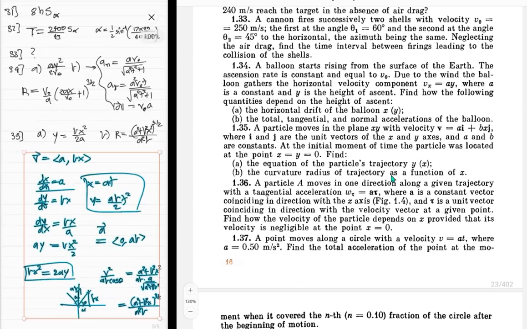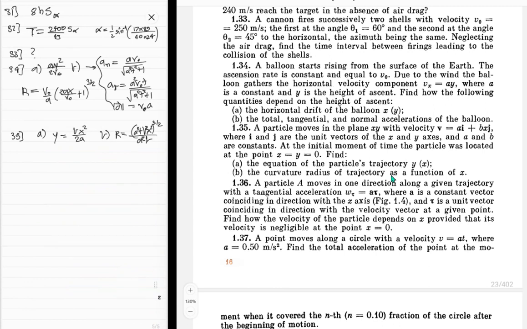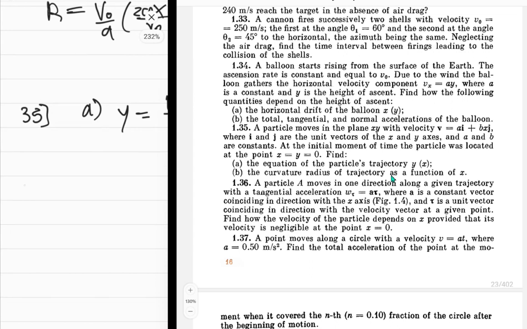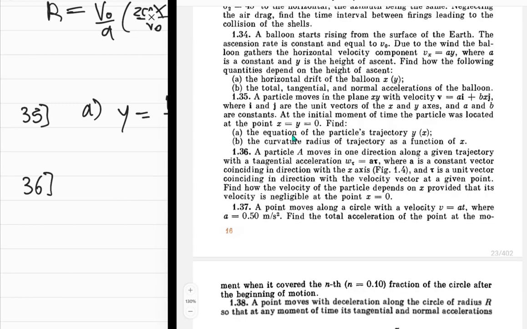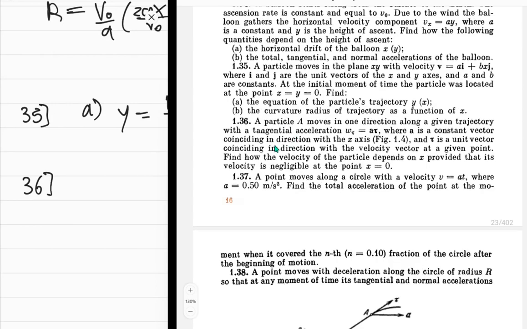Next. 36th. I really wished it was doable by our method, but actually it's doable by simpler methods. Okay, a particle A moves in one direction along the given trajectory with tangential acceleration is this.